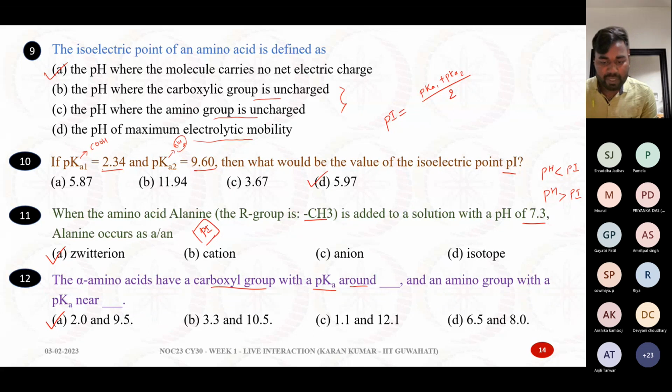Normally, the pK of the alpha carboxylic group is around 2, and similarly the alpha amino group has a pK of 9.5.